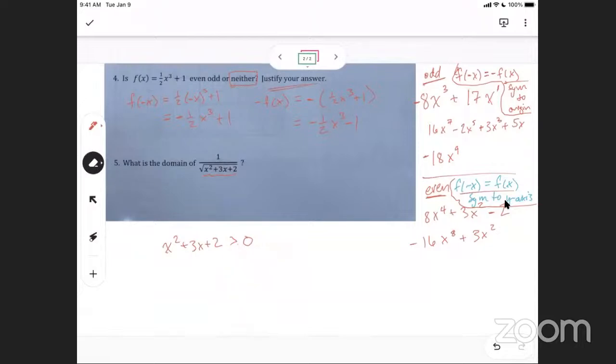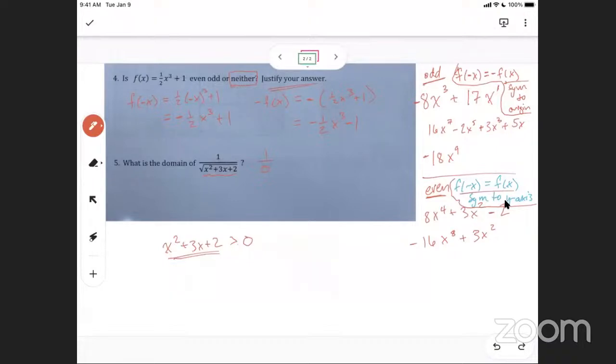If this thing equaled 0, what would this be? It would be 1 over, what's the square root of 0? 0. And are you allowed to divide by 0? No. That would be the problem. So that's why we can erase the equal to sign for this. You understand what I'm saying?